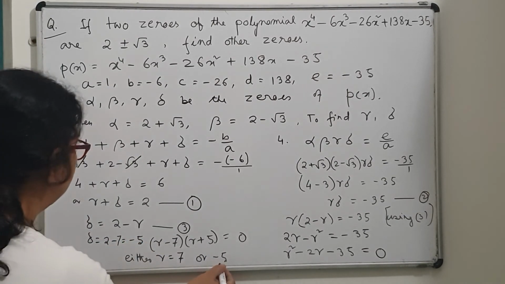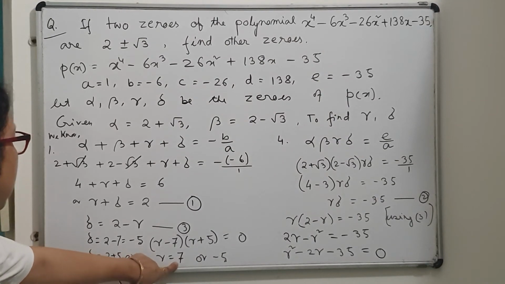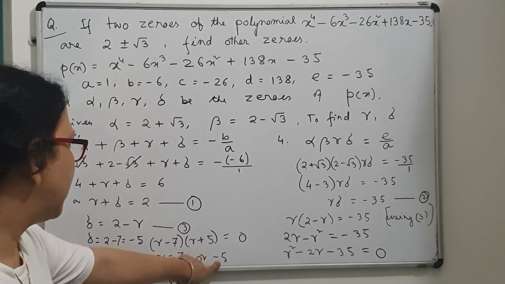And when gamma is minus 5, delta will be 2 plus 5, it will be 7. So whenever gamma is 7, delta is minus 5, and when gamma is minus 5, delta is 7.